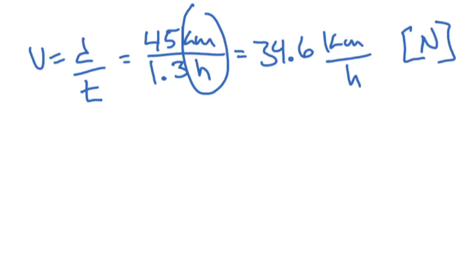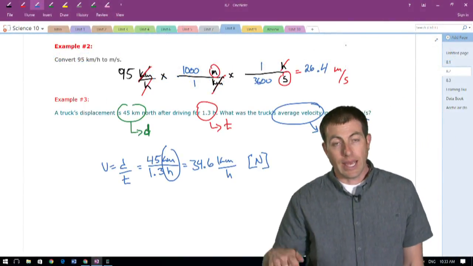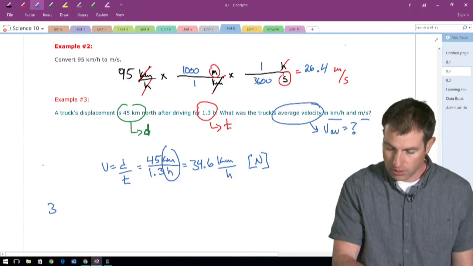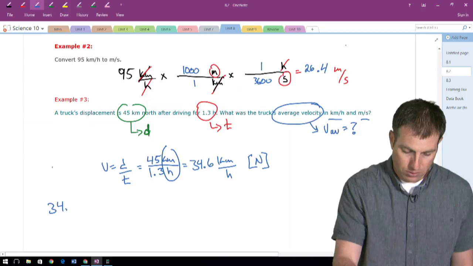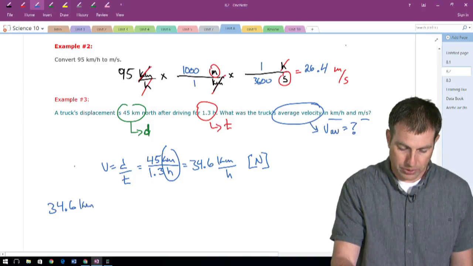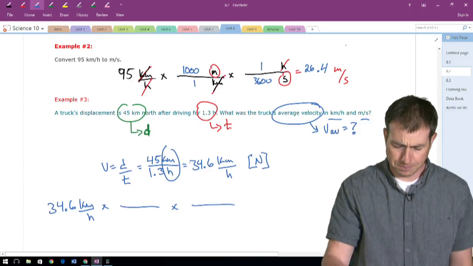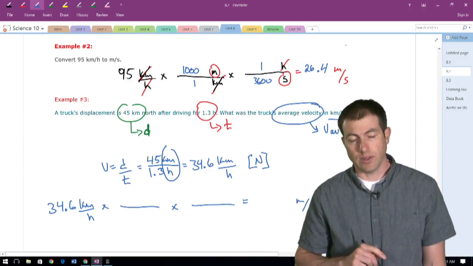The second part of the question asks me for my velocity in both kilometers per hour and meters per second. So I have 34.6 kilometers per hour, and I want to convert that into meters per second. We've done this a couple times now.